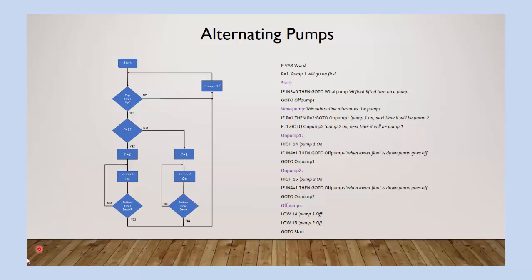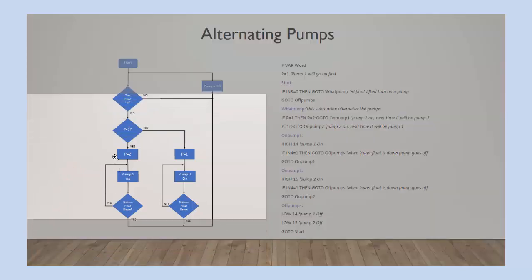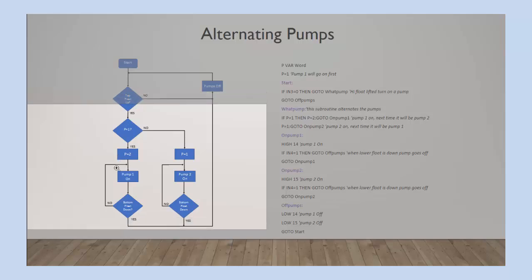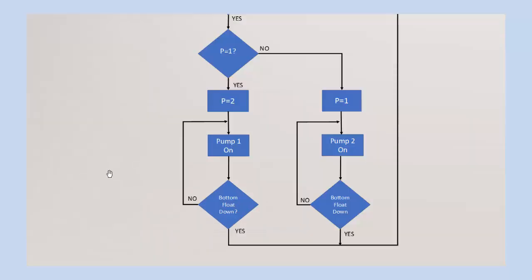So let's zoom in a little bit on our circuit here. We ask if P equals 1, and if it is, the first thing we're going to do is make P equal 2, so that next time we ask the question, we take the other route.